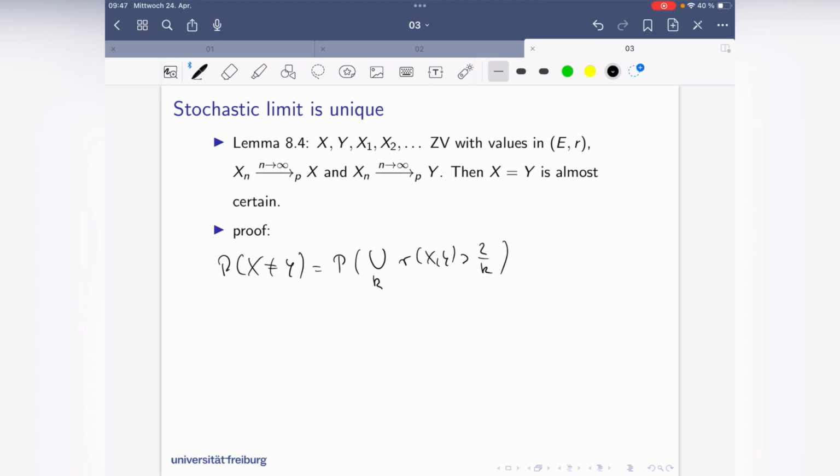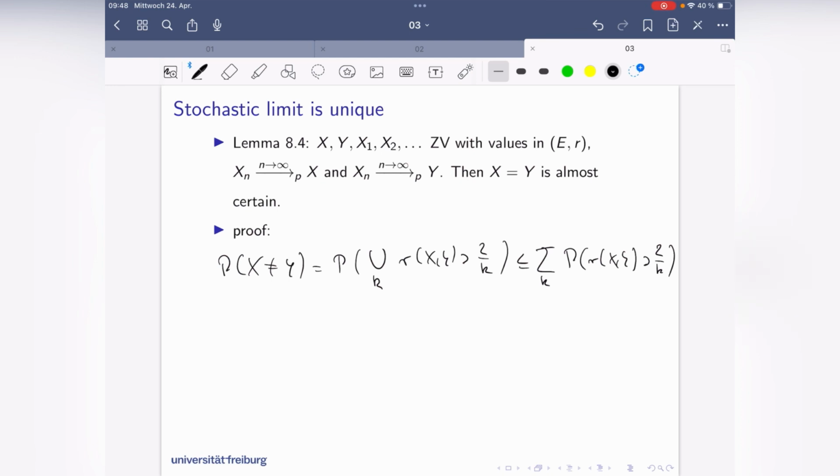This one here I can bound from above, changing the union to the sum, by the sum over k of the probability that the absolute difference of x and y is bigger than 2 over k.